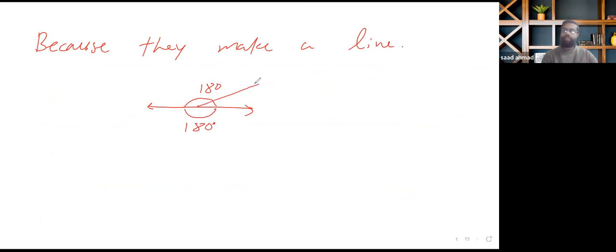So if we have two angles, here A and this angle B, then the sum of these two is 180. Their measure is the same as the angle on a straight line, so they are called straight angles, or a straight pair of angles.